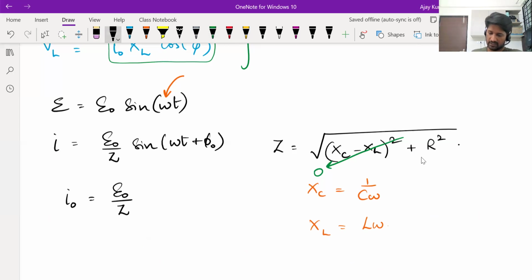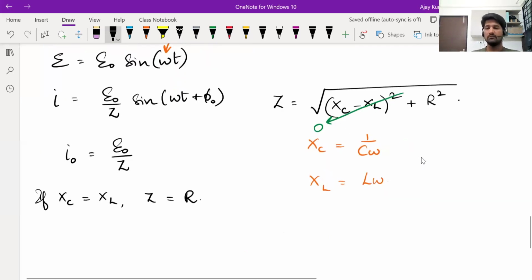If XC is equal to XL, Z becomes equal to R. If XC is not equal to XL, Z will be more than R, because this term will be non-zero. On the right hand side, you can see if the first bracket is non-zero, then the Z value will be more than R. But if XC is equal to XL, Z will be equal to R. And this is the minimum possible value of Z.